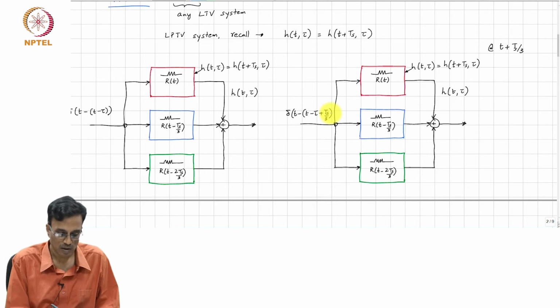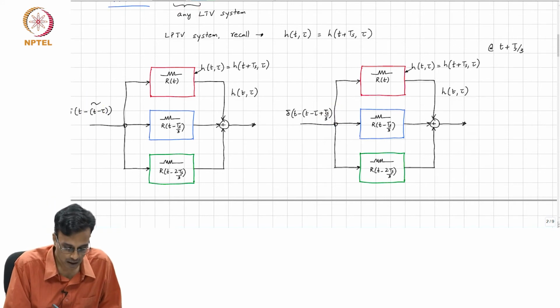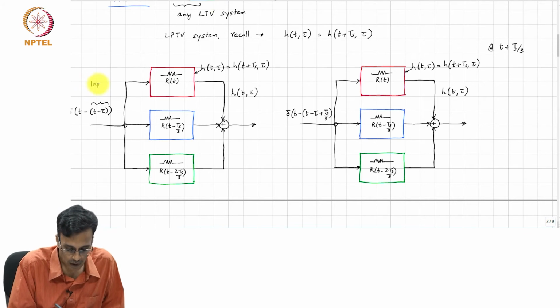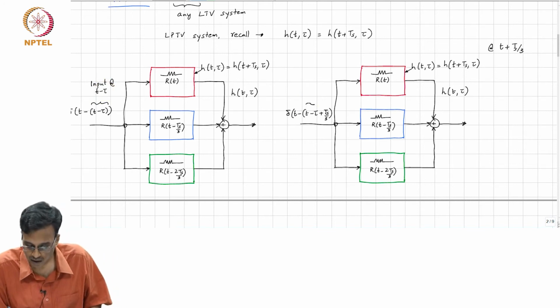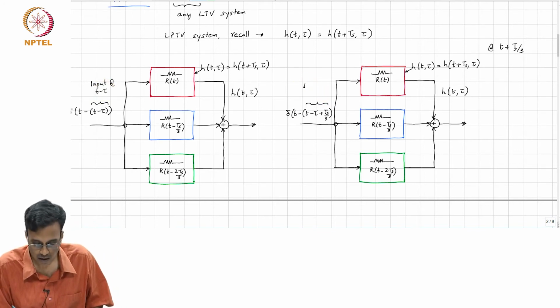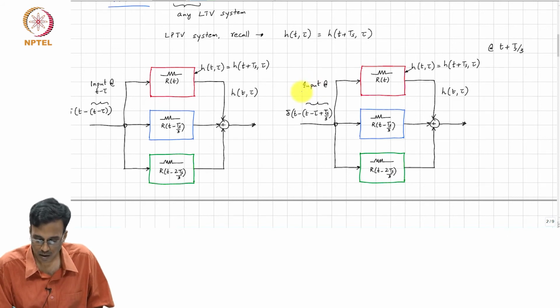So, here the input is applied at t minus tau, correct. Here the input is applied at t minus tau plus Ts by 3.